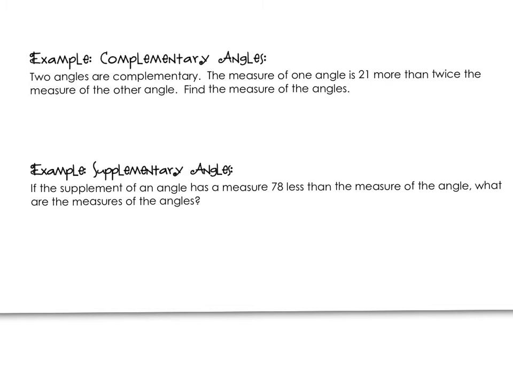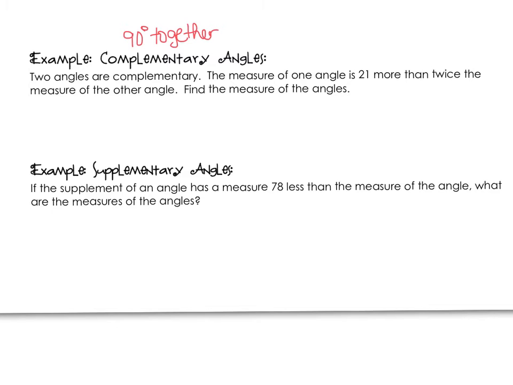Okay, so now we're going to talk about complementary angles. In your vocabulary lesson, complementary angles meant 90 degrees together. They do not have to be adjacent to each other. They don't have to be touching, but just together their measures are 90 degrees.